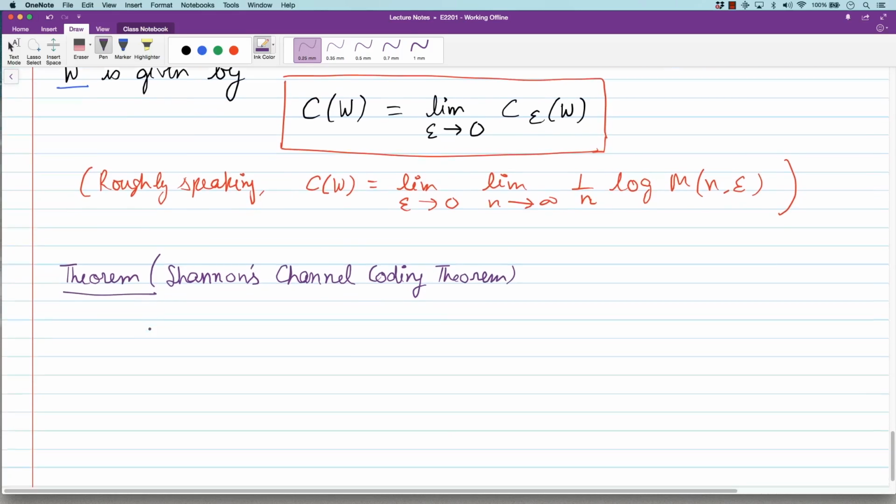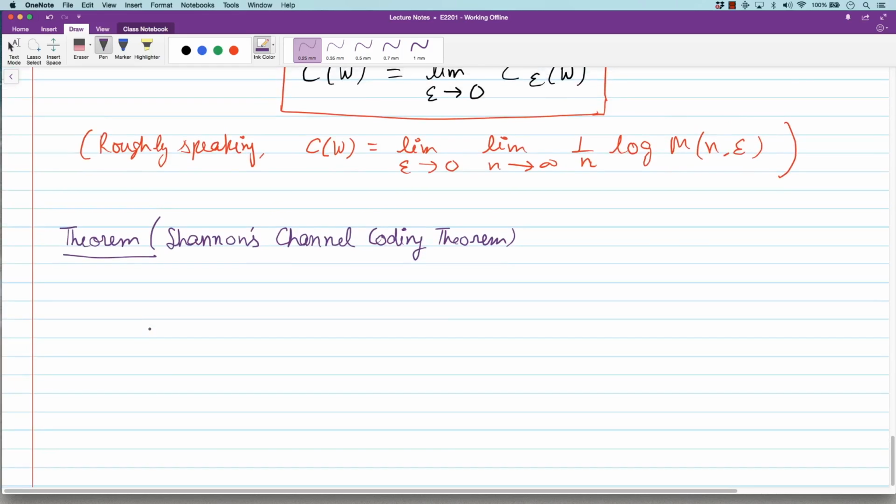Okay, and what it says is it gives a characterization of this channel capacity for a channel W from X to Y. So for now, we only have discrete input and output alphabets in our mind, but this result holds for much more general channels, with X and Y discrete.